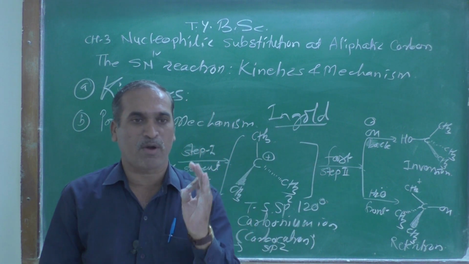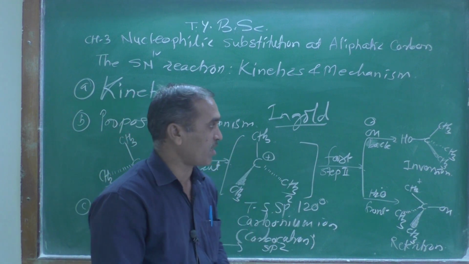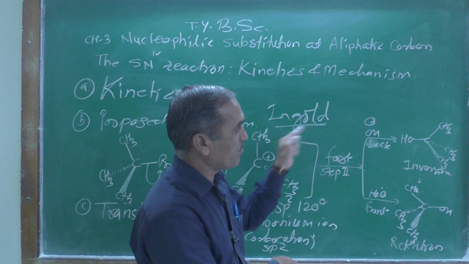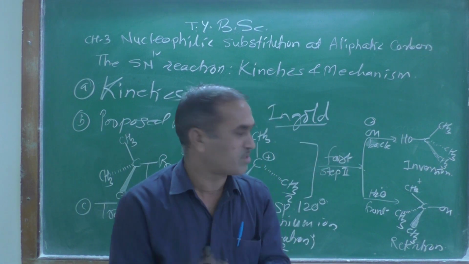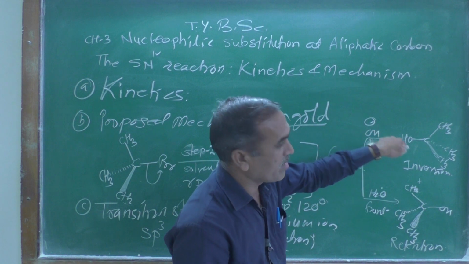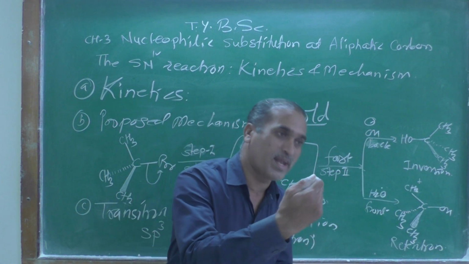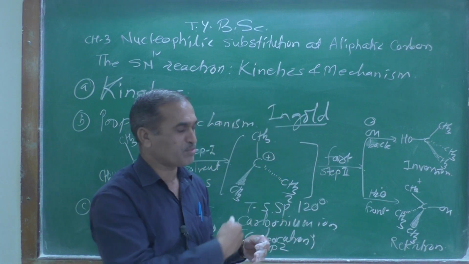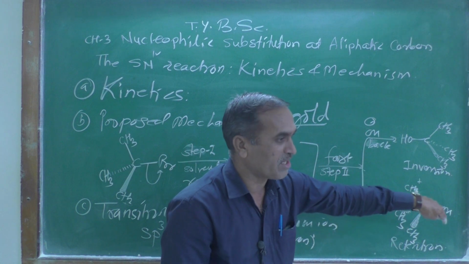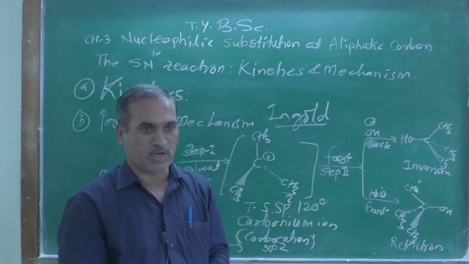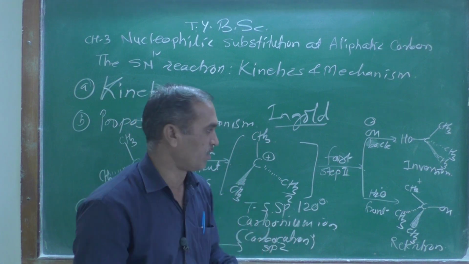The nucleophile can attack from the back side as well as from the front side. When attacking from the back side, the reaction takes place as an SN2 reaction, and we get an inversion product. When the nucleophile approaches from the front side, the product obtained is retention in configuration. Retention and inversion are totally different.